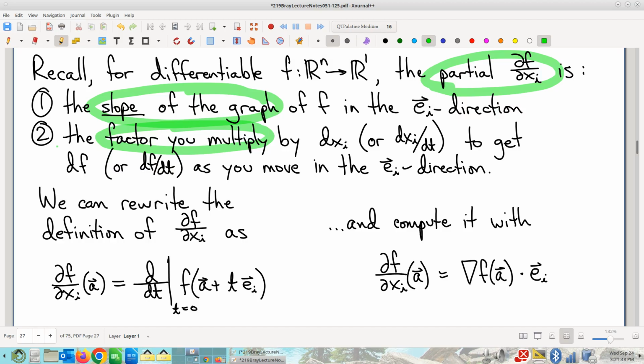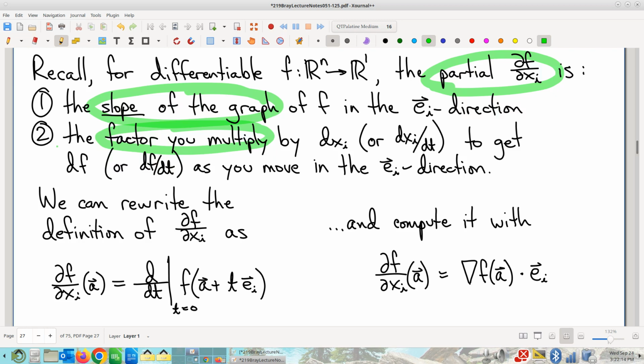Partial derivatives always mean in the direction of one of the standard basis vectors. When we say multiplicative factor, it's what you multiply by input changes to get output changes. But again, the same constraint: that only makes sense if you're talking about a specific partial derivative, which is always in a standard basis vector direction.